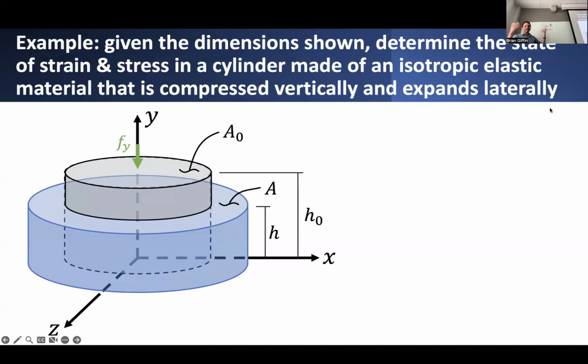is the trace of the strain tensor. And this was a valid expression in the case of small deformations. The trace, again, is just the sum of these axial components.